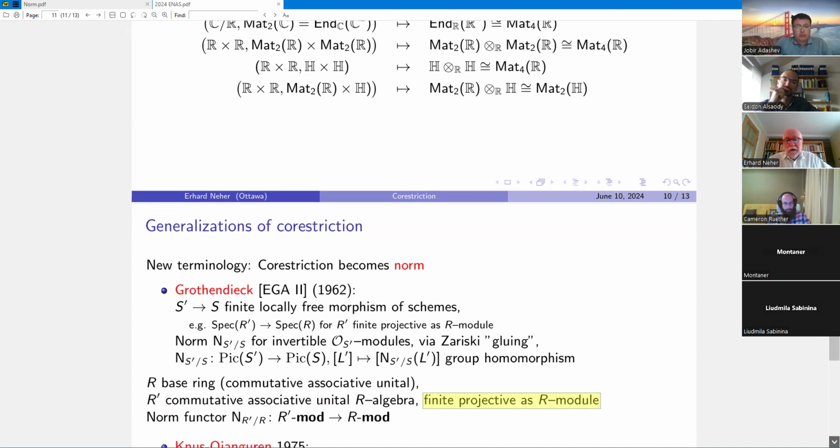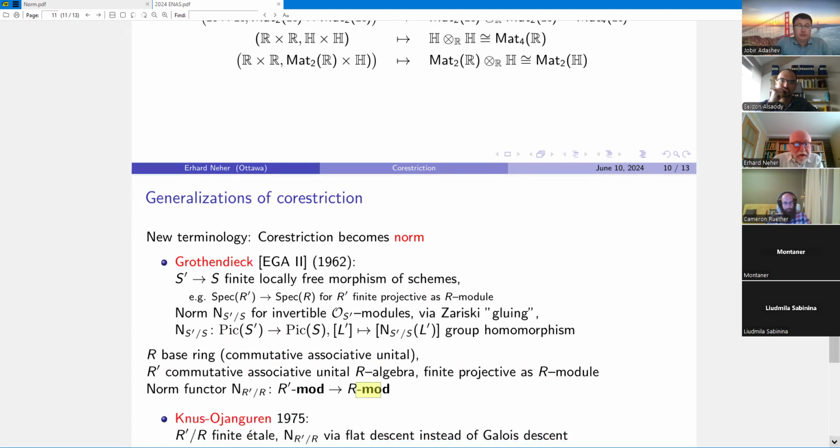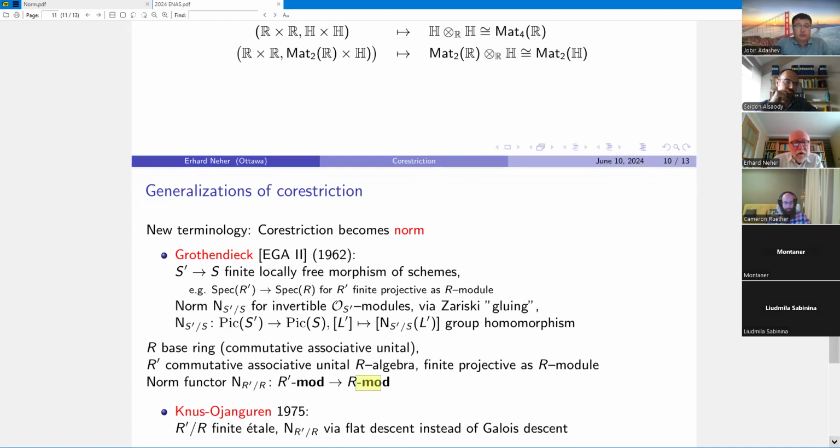And the goal then was to construct a functor from the category of R prime modules to the category of R modules. So this has been done in 1974 by Knus and Ojanguren, and they defined their norm, a generalization of the corestriction, by replacing the Galois descent, which we used before in the Galois setup, by faithfully flat descent.